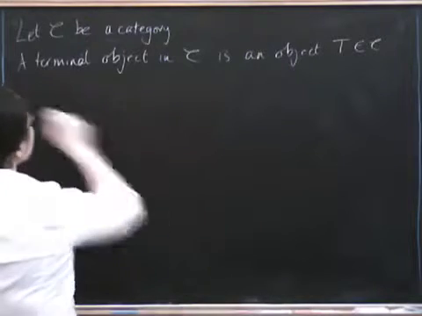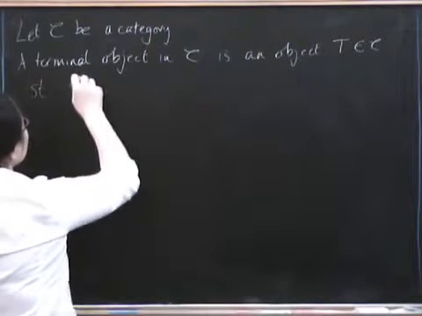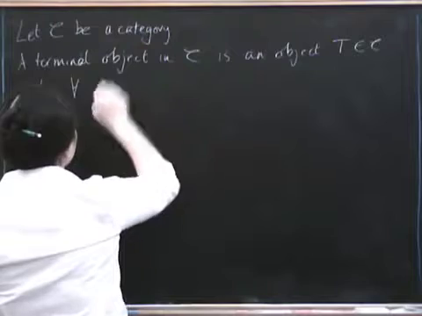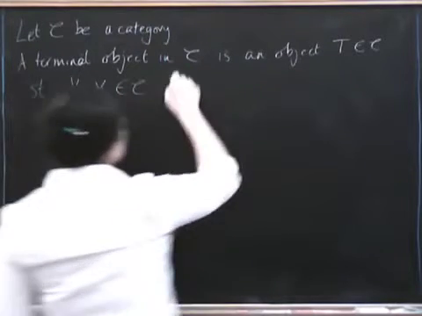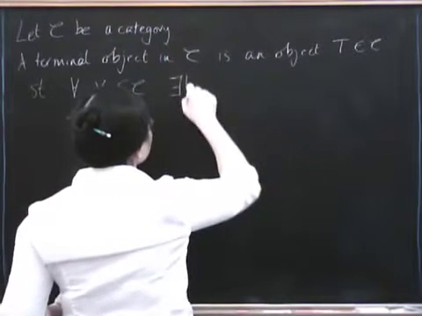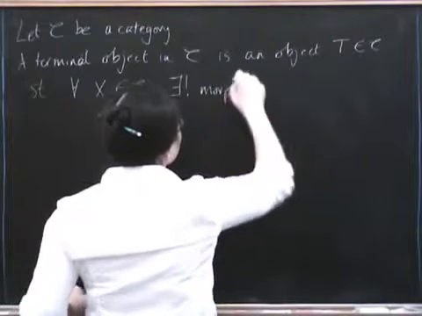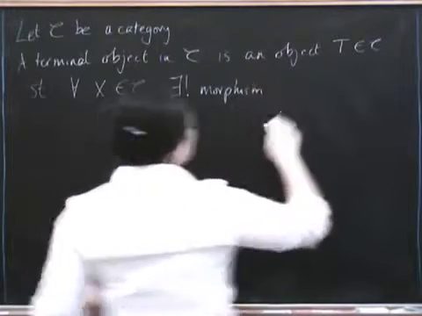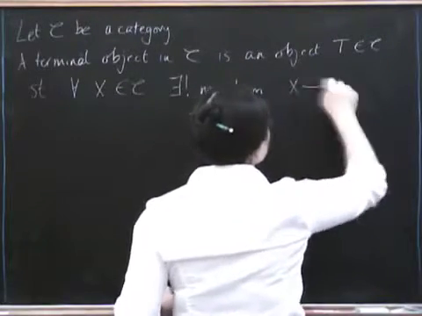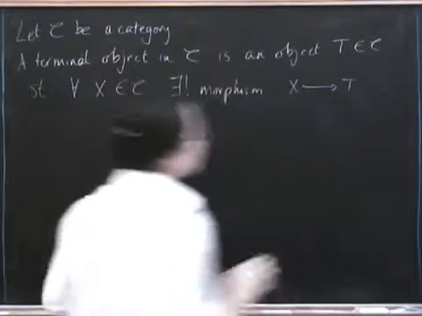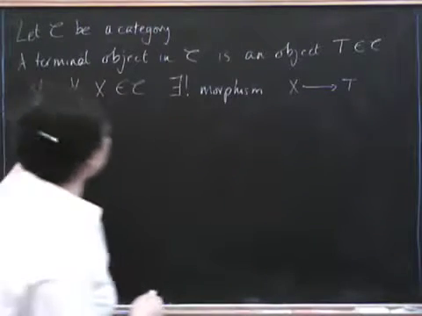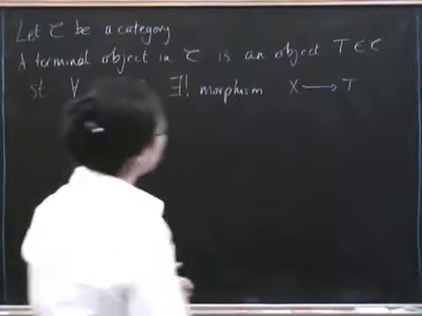So it's an object T such that for all x in C, there exists a unique morphism from the other one to the terminal one. That part, the such that part, is the universal property.